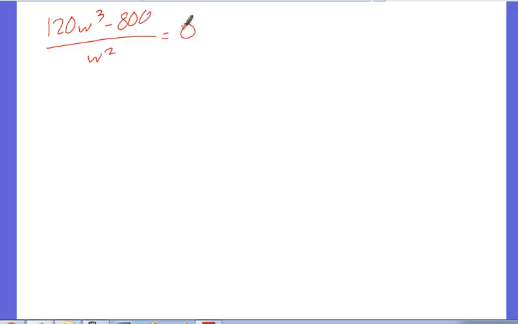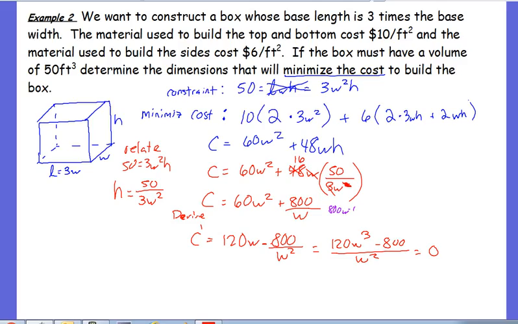Now, how do I solve things like this? How do I set these equal to 0? Because this one didn't have a W squared, right? So I give a W squared to both top and bottom so they can have common denominators. But when I multiply this by W squared, it becomes cubed. Yeah, it has 1, so it becomes 3.